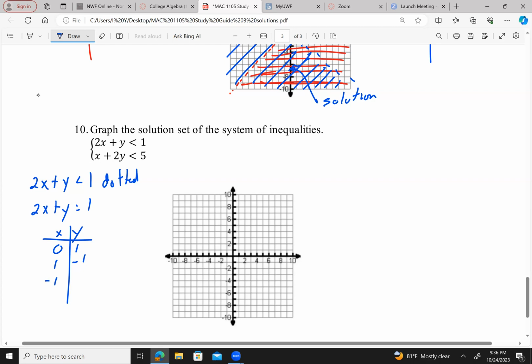When x is negative 1, y is 3. So we're looking at 0, 1, 1, negative 1, negative 1, 3. And again, we draw our dotted line. Technically, 0, 0 is not on the line, so we can test it. Test 0, 0. 0 plus 0 is less than 1, which is true. So I'm shading the under or left side, depending on how you look at it.